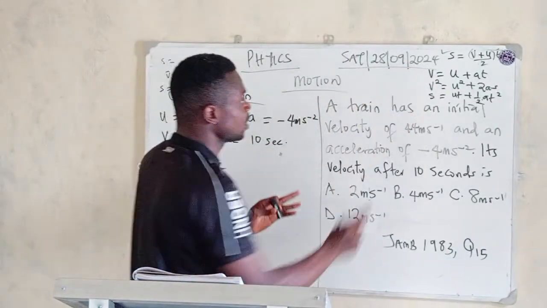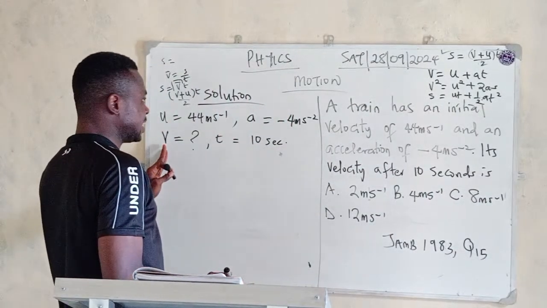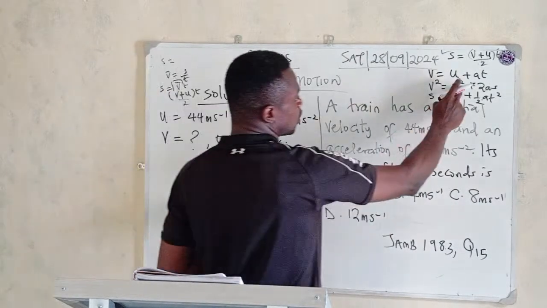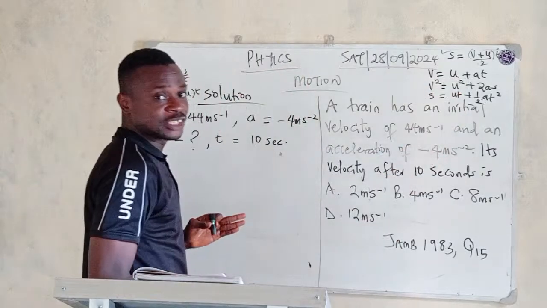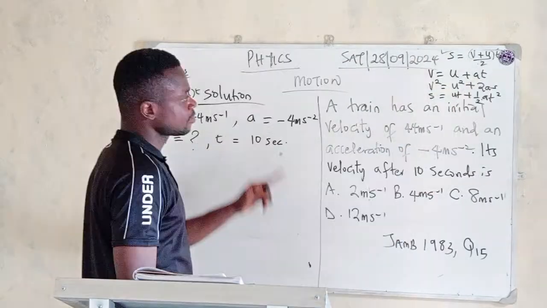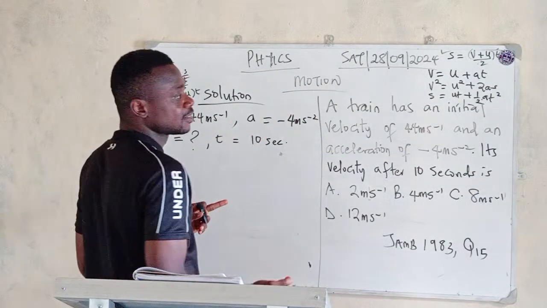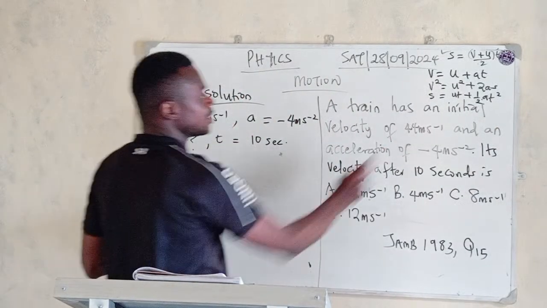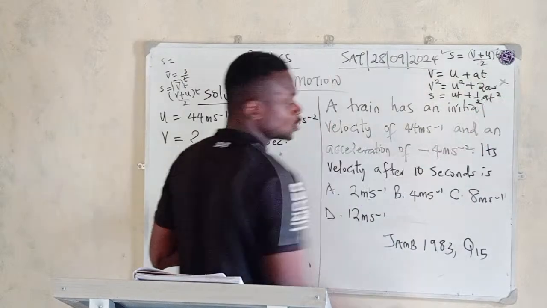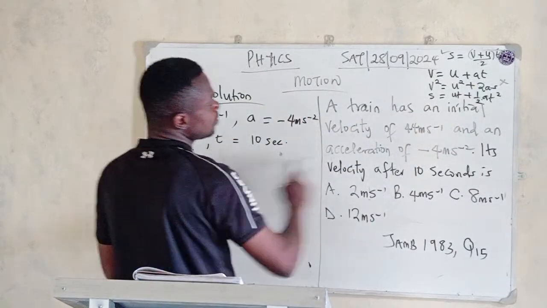Let's check others. Final velocity is here, there is final velocity. Initial velocity is here, there is initial velocity. Distance is here, but there's no distance, and time is here, but there's no time. So this one doesn't go. Time is here, there is time.